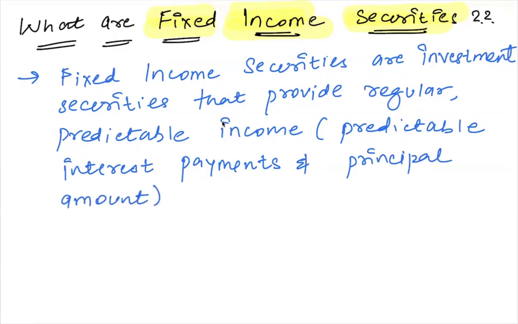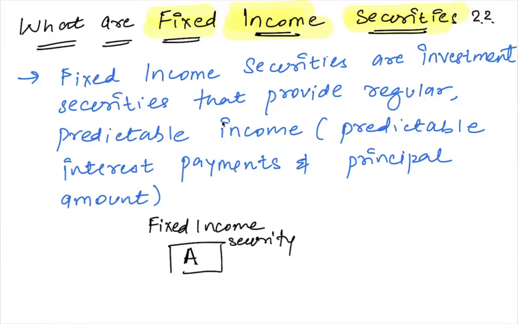Just imagine there is a security A, and we say this is a fixed income security. What does this mean? When you buy this fixed income security, you are assured that you will get some fixed income.